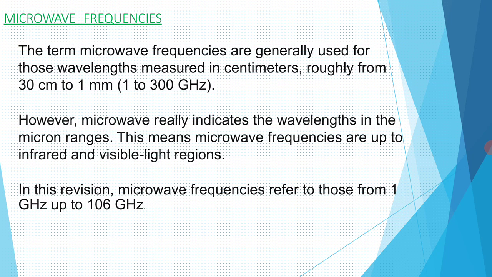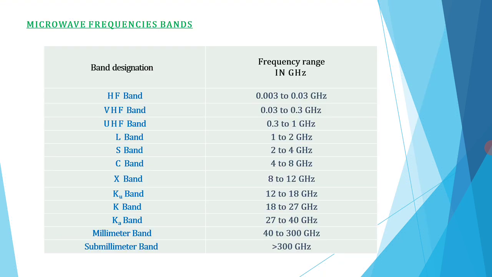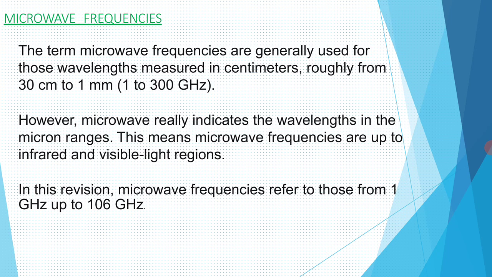However, microwave really indicates the wavelengths in the micron ranges, which means 1 millionth of a meter. So 1 micron is nothing but 1 millionth of a meter. Now this means that the microwave frequencies are up to infrared and visible light regions.